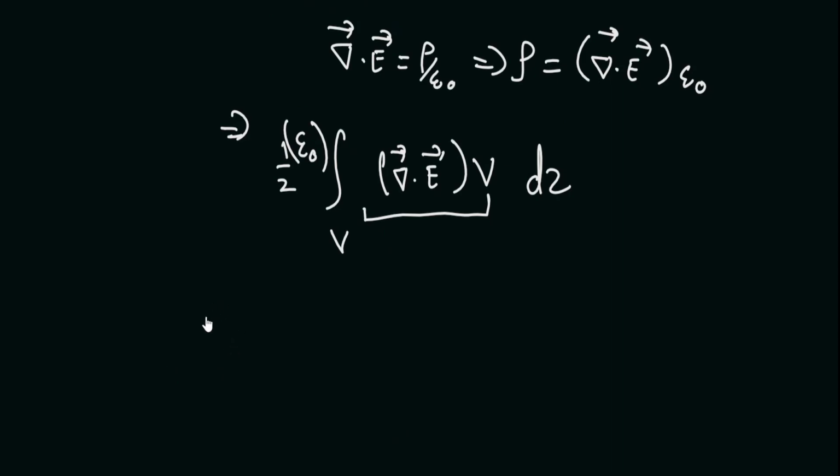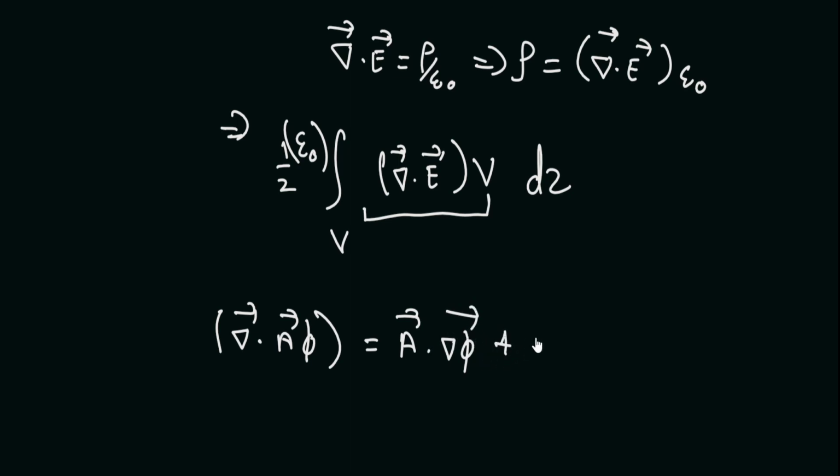We know that there is a vector identity, which is the divergence of a vector times a scalar. In this case, the vector will be A and phi is a scalar. It will be equal to the vector dotted with the gradient of the scalar. Gradient is a vector, that is why I am writing the vector symbol, plus the divergence of that vector field times phi.